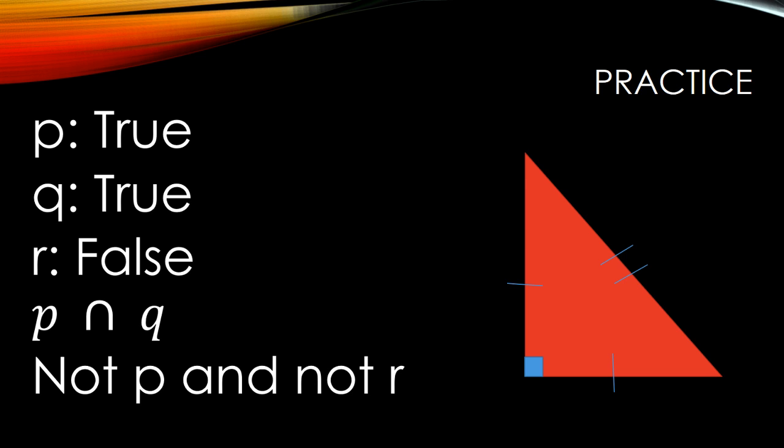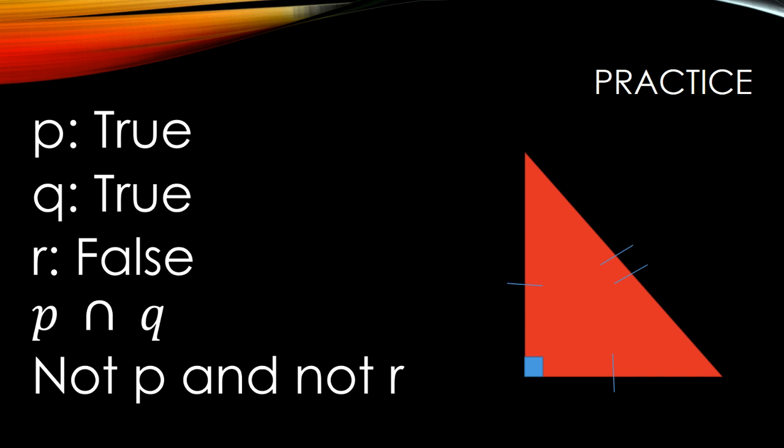Not P and not R. Sorry, do these on your own for just a second. So P and Q. Write on your paper if you think P and Q in this problem is true or false. P and Q will only be true if P is true and Q is true, which in this case they are.